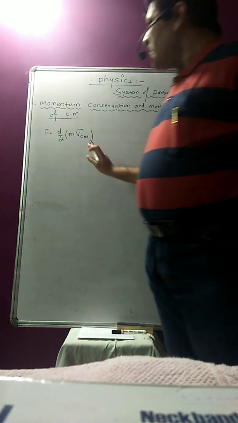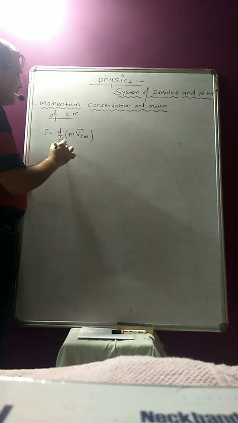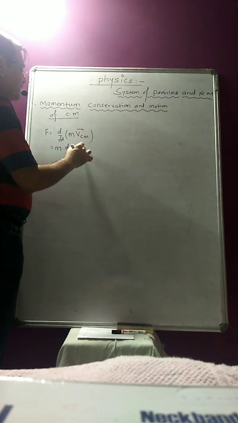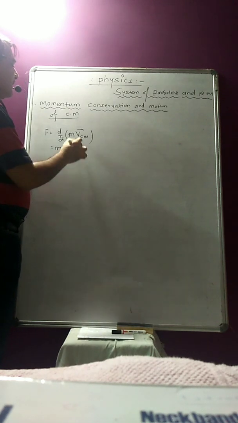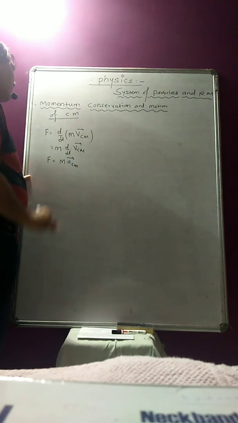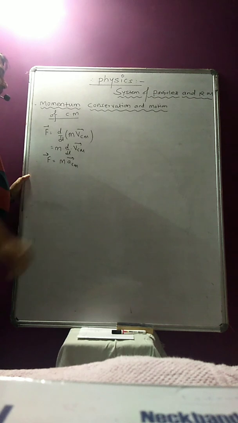If I take m outside, what is left inside is d by dt of the velocity of the center of mass, and d by dt of velocity is acceleration. So F equals m into the acceleration of the center of mass. That is also the external force.